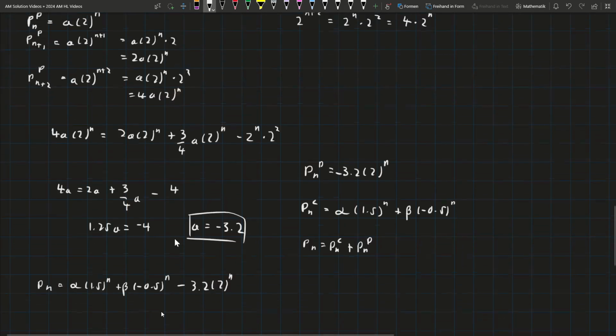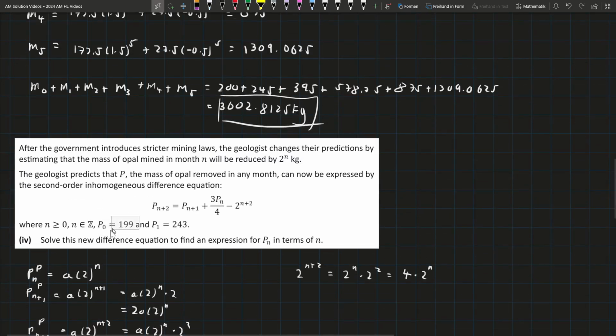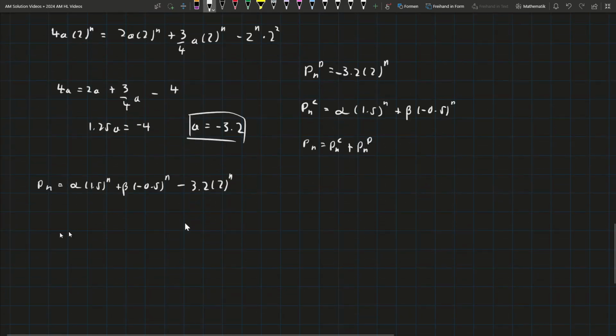And now we know that P0 is 199, P1 is 243. P0 is 199, which is equal to alpha plus beta minus 3.2, because all those powers of 0 are just 1. Let's bring the 3.2 to the other side, and we'll get 202.2, that's alpha plus beta.